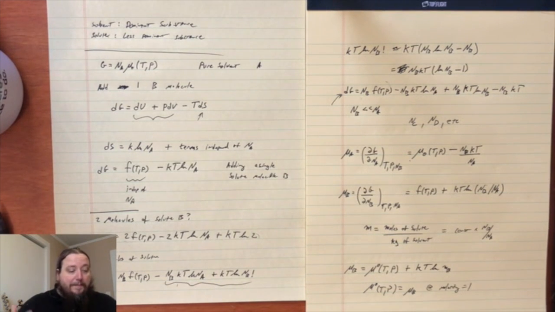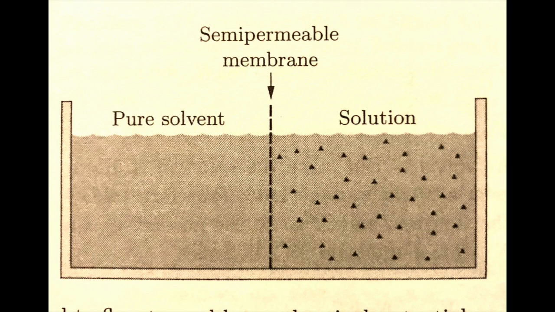So imagine that we have a system where we have a pure solvent on the left and a dilute solution of that same solvent with some amount of solute in it.